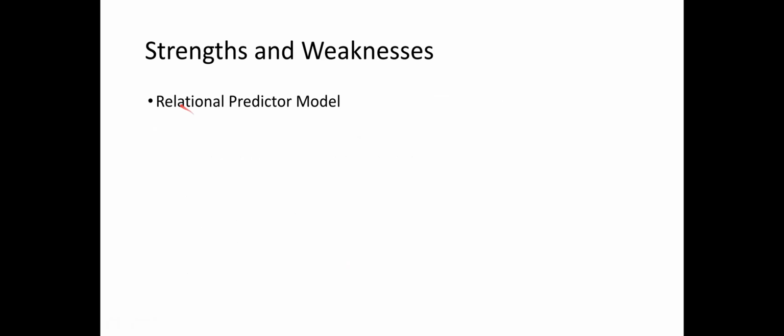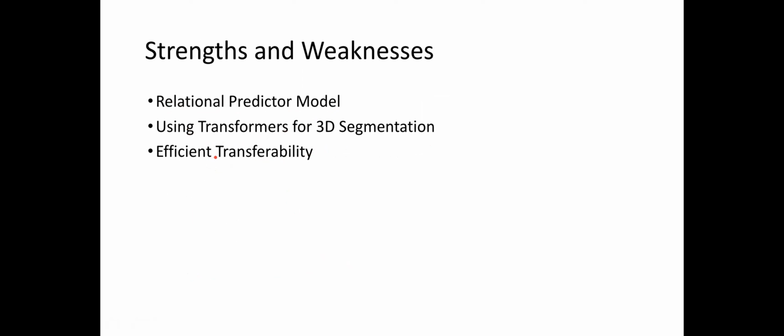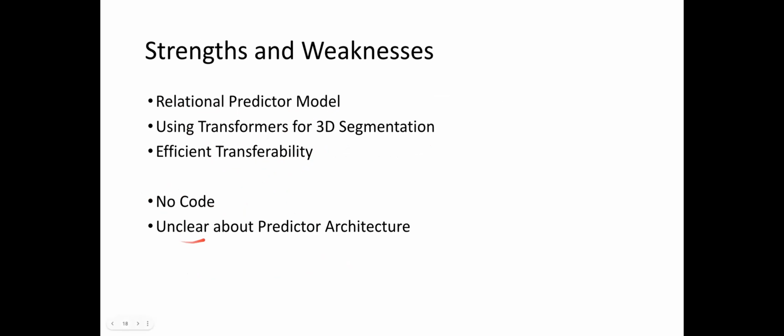Coming to the strengths of this paper, it has a relation predictor model, and they are using transformers in 3D segmentation. They are also able to prove that one network can be transferred to other data sets without any fine tuning. But the main drawback comes from their code: they do not have any code released. The predictor architecture is also not clear in the paper.